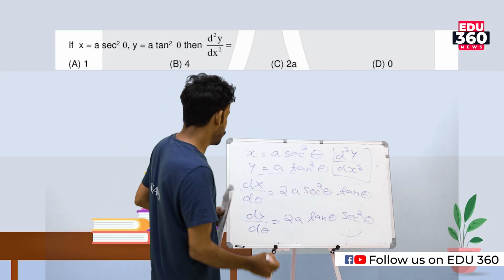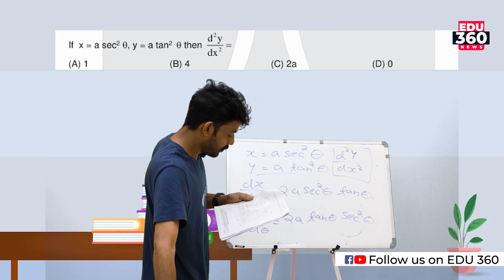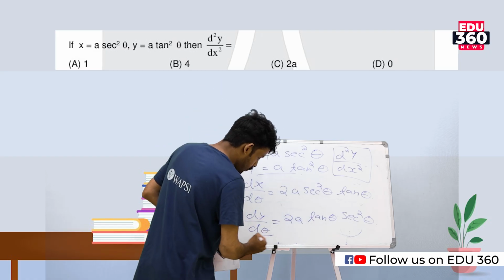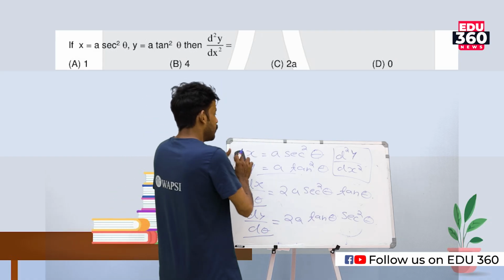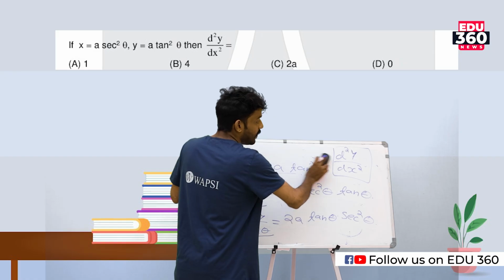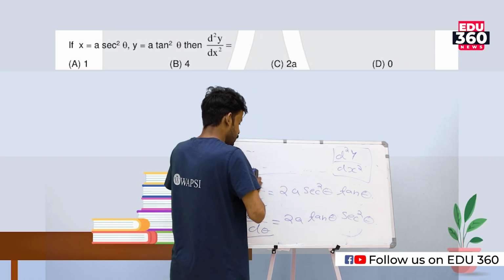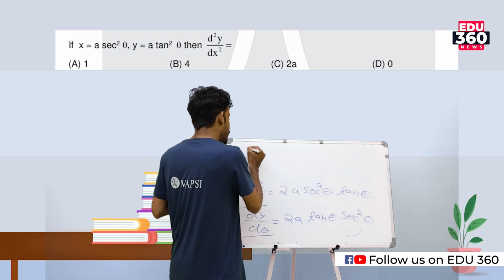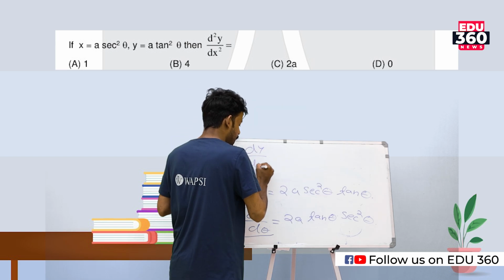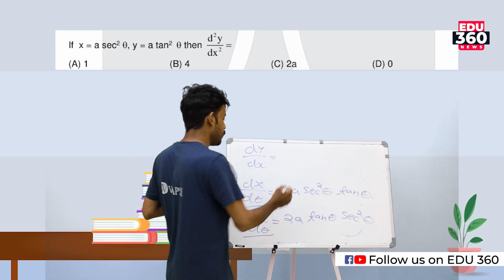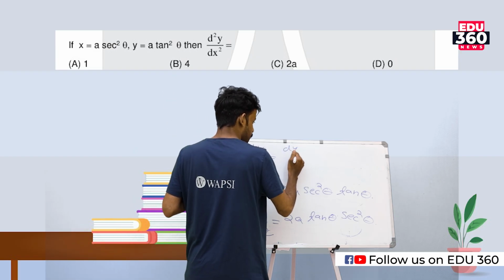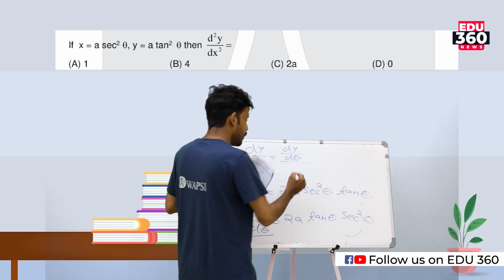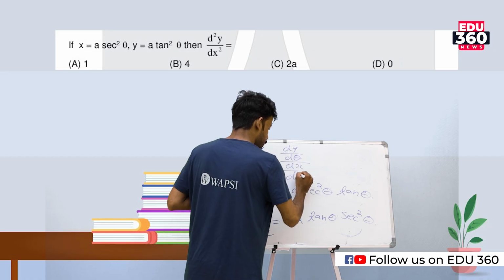So hereafter we can find dy by dx. We are going to divide this. In the question, we need to find the value of d square y by dx square. How will you get dy by dx? Dy by d theta divided by dx by d theta.